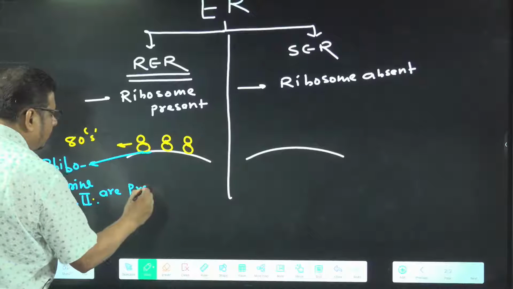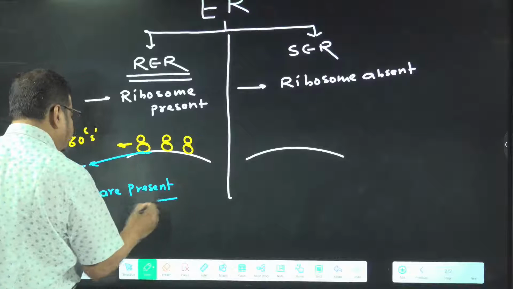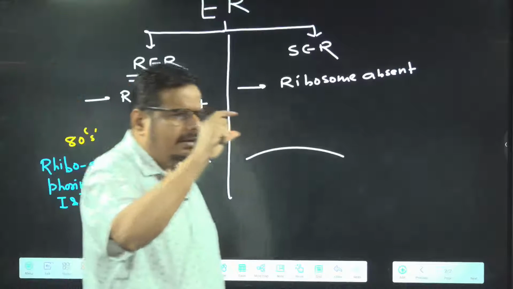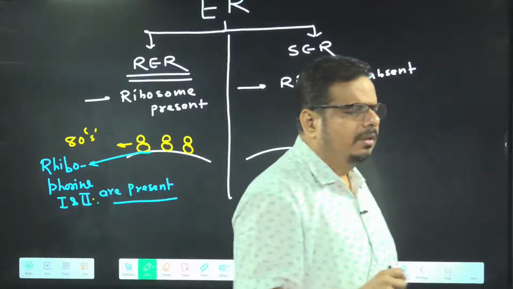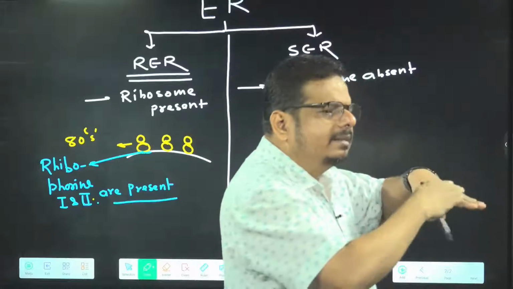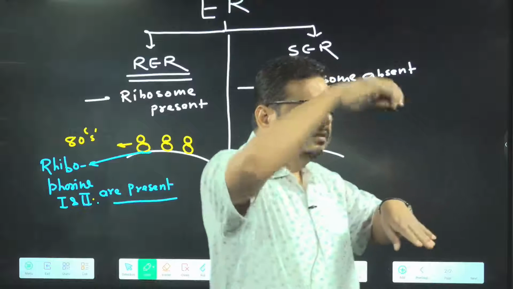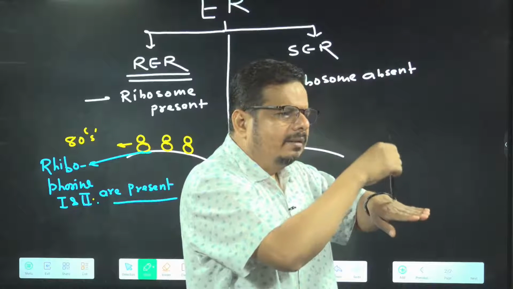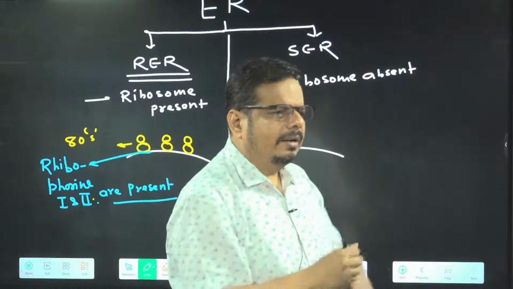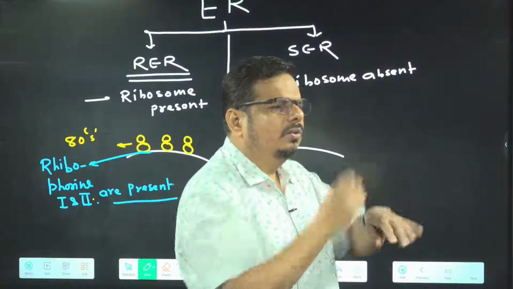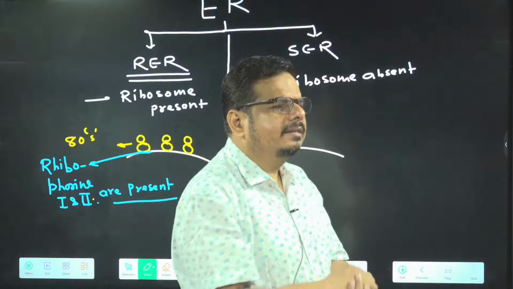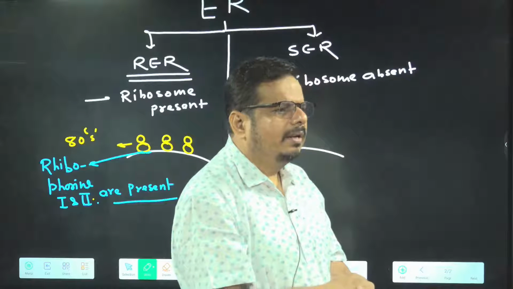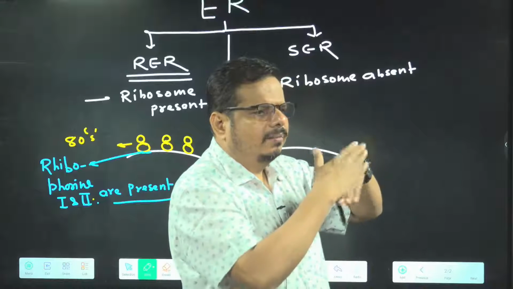And what this ribophorin is doing is helping the larger subunit of the ribosome to join with the surface of ER. Suppose this is the surface of ER and this is the ribosome. For joining this, something is required, right? So ribophorin is required for holding these two. So ribophorin acts as a glue here, helping in attachment of the ribosome to the surface of the ER.